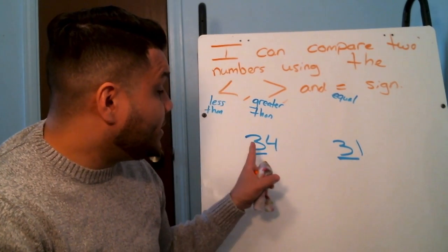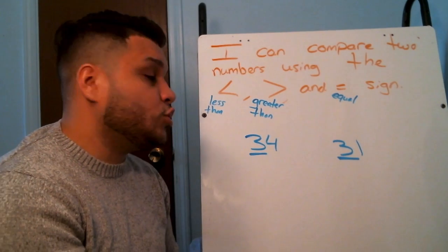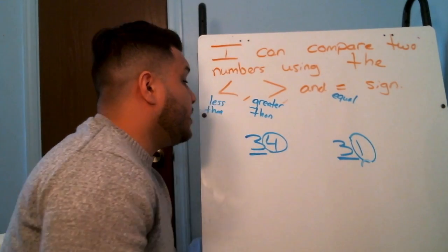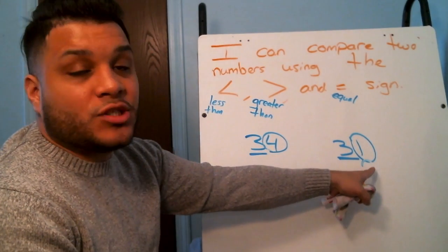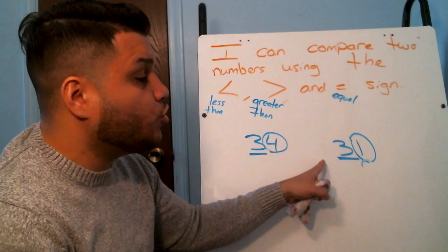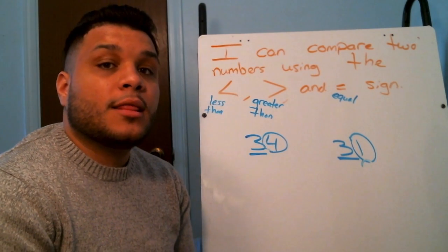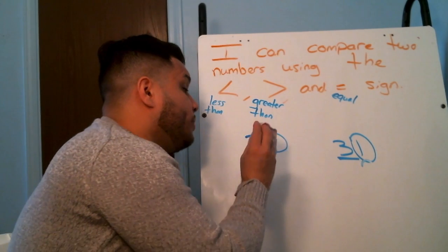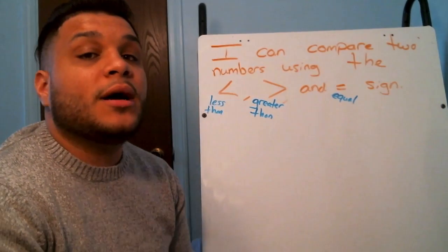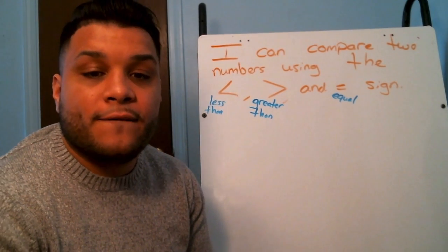No. So when the tens place is the same, then we move to our ones place. So I look at my 4 and I look at my 1. I know that 4 is greater than 1, letting me know that 34 is greater than 31. It's important for us to know place value because when we know place value, it will help us identify which number has a greater value.